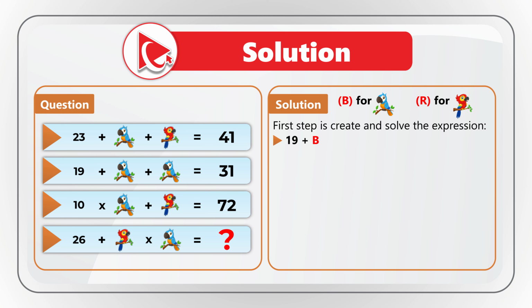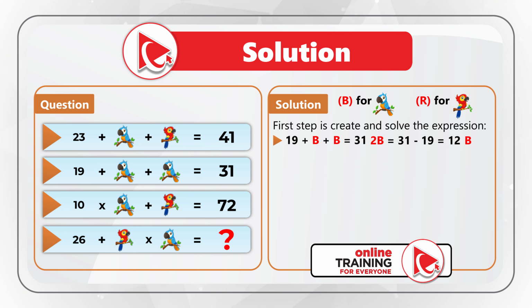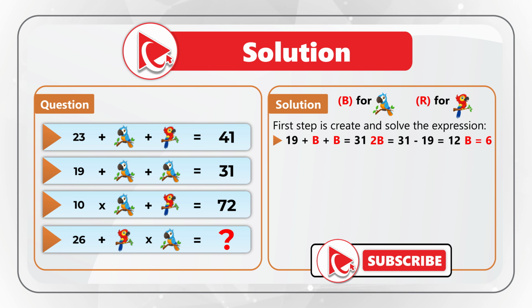19 plus 2B equals 31, which means that 2B equals 31 minus 19, which equals 12. Once we solve it, we see that B, blue parrot, equals 6.